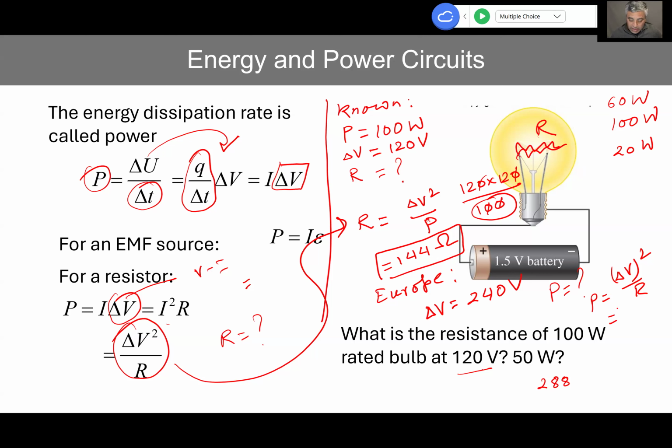The power is going to be larger now because it is now 240 square over R, and R is still the same 144. See, the delta V doubled, which means power became 4 times larger.